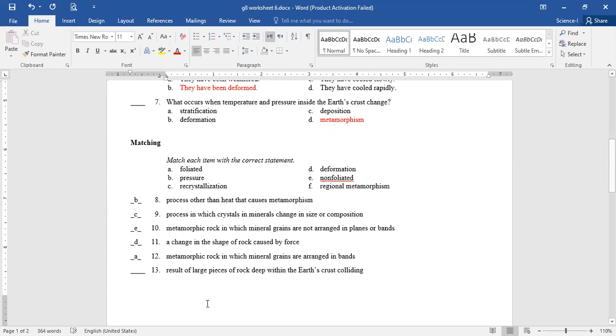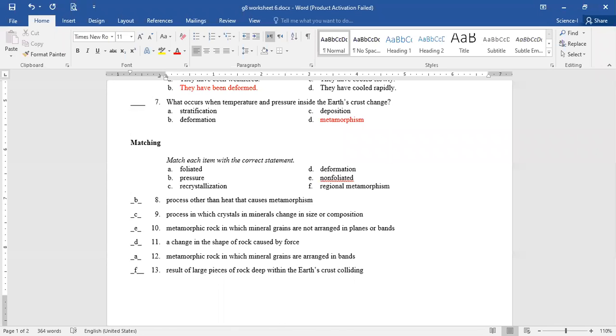Then the last one here: results of a large piece of rock deep within the Earth's crust colliding.